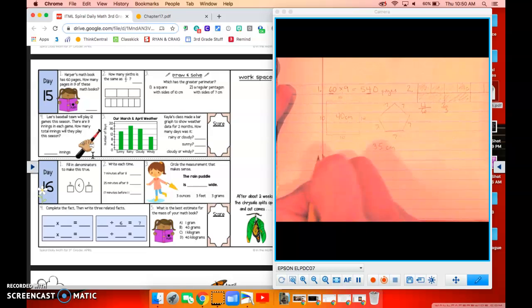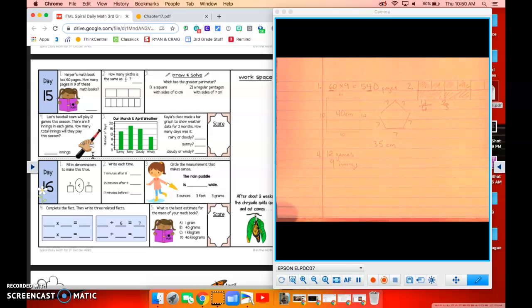So this is going to be the multiplication problem, right? How many total innings will they play this season? So 12 games, 9 innings, 12 times 9.